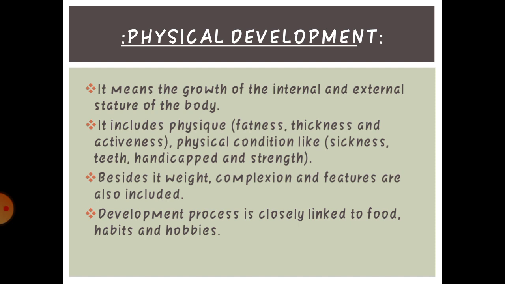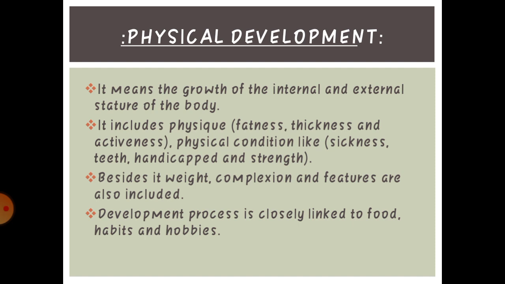These three points are very important for good physical development, like what type of food we take, is the food healthy or not, are we taking a balanced diet or not, and does every certain stage require a certain diet for proper physical development.